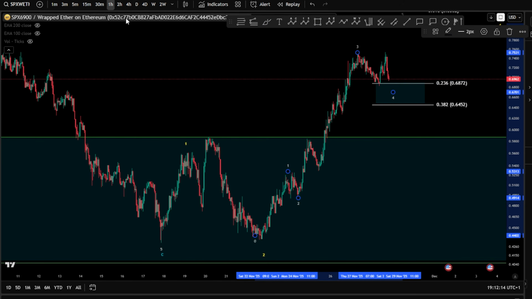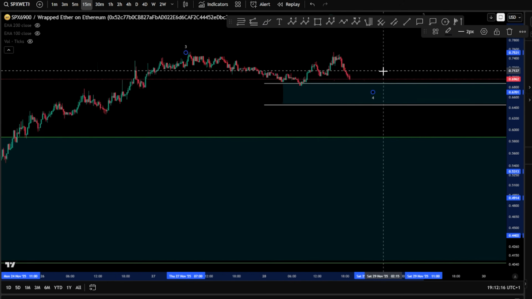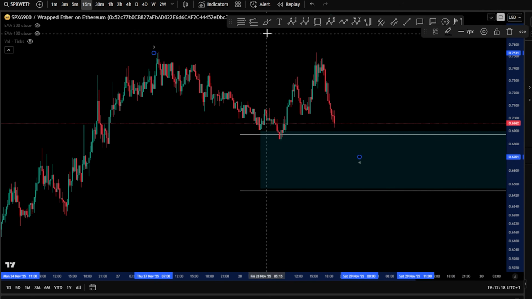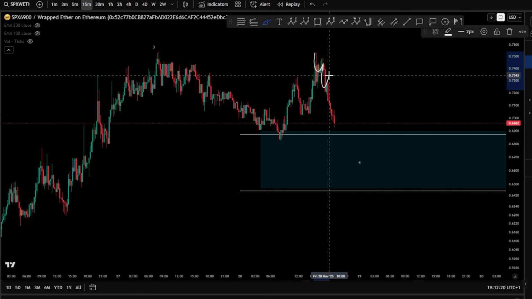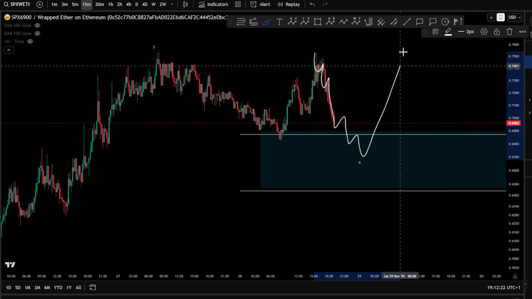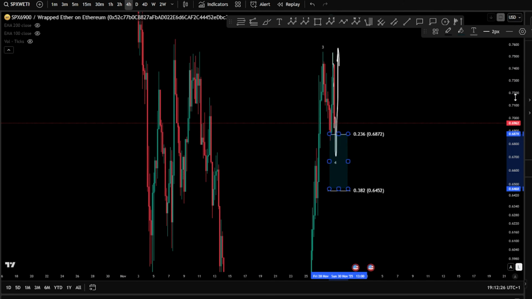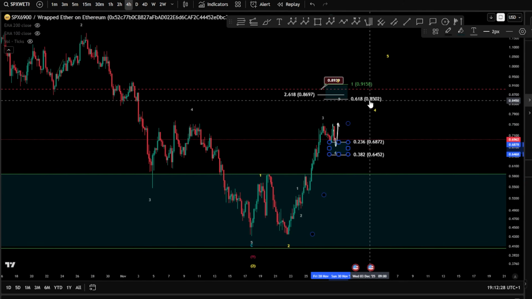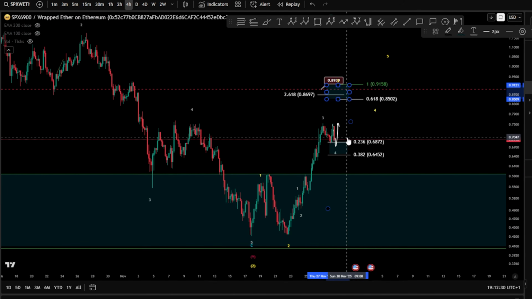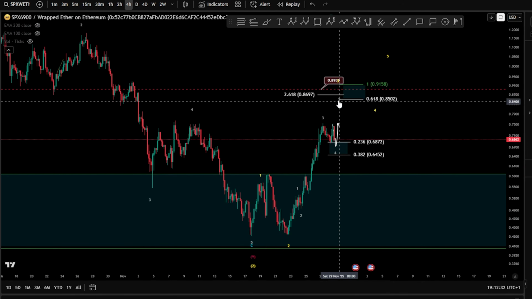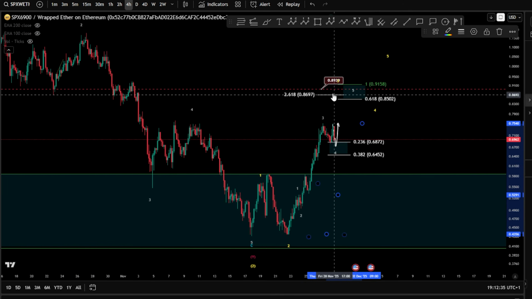Internally as well, if it is double 1 2, this might be the thing. So if we have 1 2 1 2, wave 3 4 5 4 5, this might be the thing. And then of course pushing for higher again for SPX at a wave 5 around 6,850 and 6,910.